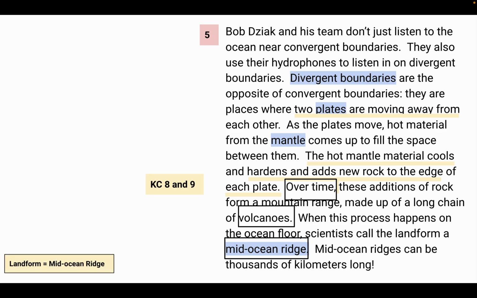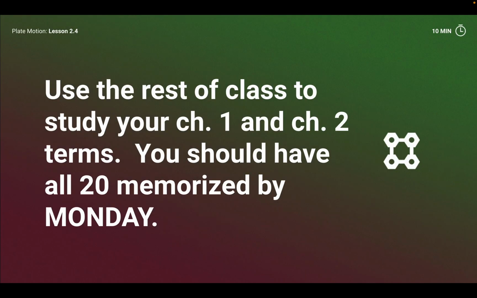Okay, again, I'm reminding myself that the landform that I find at divergent plate boundaries are called mid-ocean ridges, and so that's why I wrote that over in the margin. So that's all we did for Wednesday. Wednesday was a short day, so if we had any time, the kids used the rest of the class time to study Chapter 1 and Chapter 2 terms.